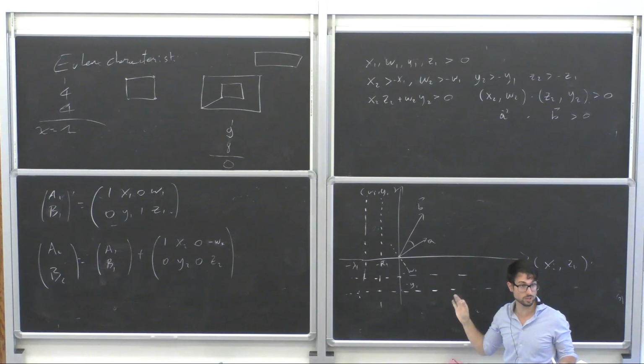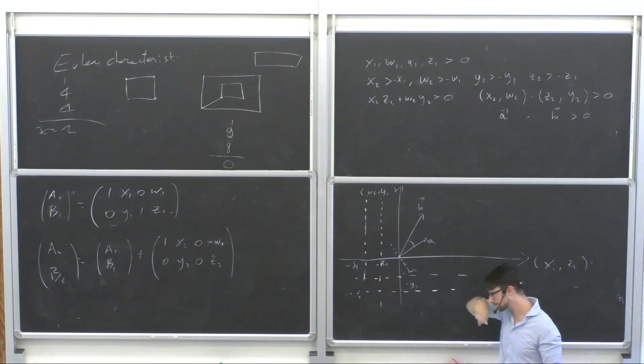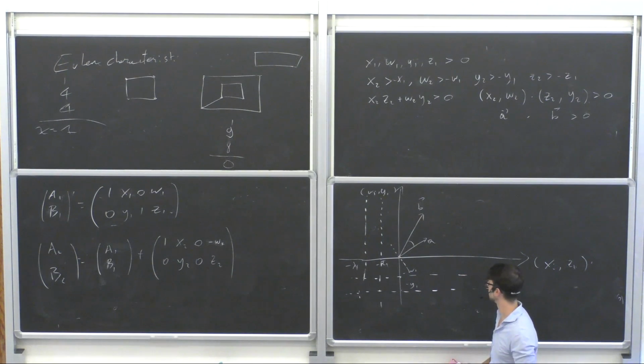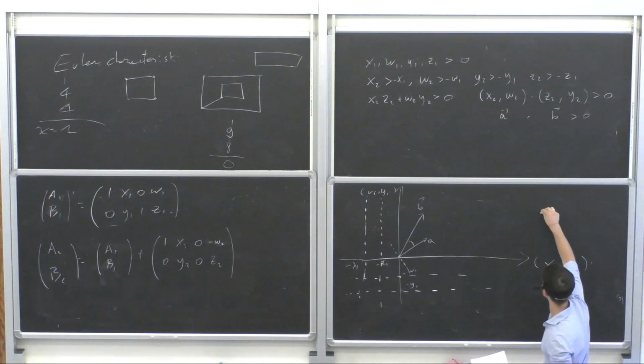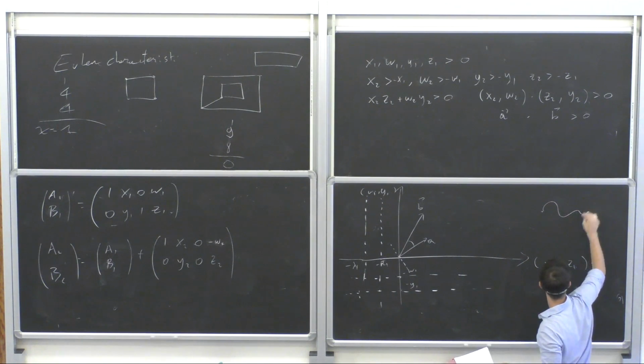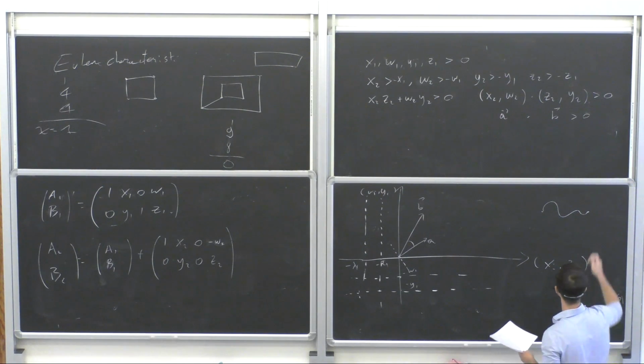Starting from any configuration of the lines and the vectors, I can always move the lines far away and rotate the vectors into a certain canonical position. So this is the statement that from any point of the amplituhedron, I have a path that goes to another point of the amplituhedron. Great, so the space is connected.